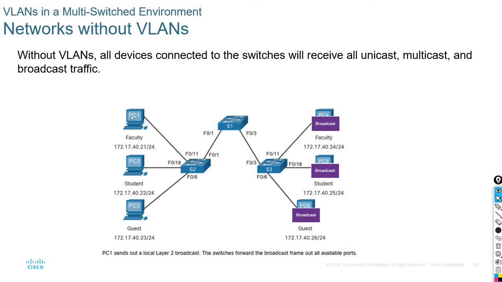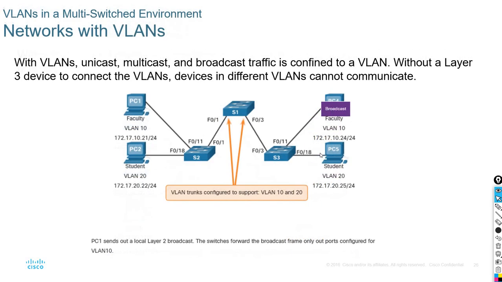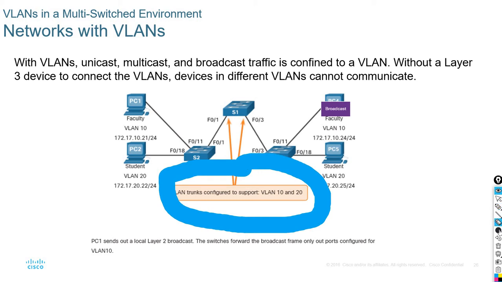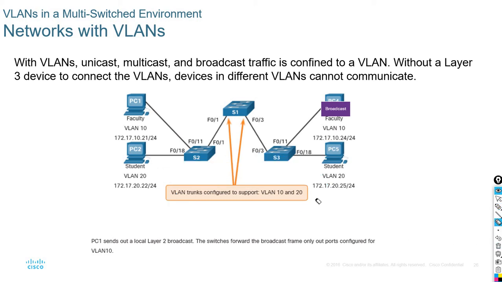So whatever packet you send from the faculty is broadcast to all the PCs: guest, student, as well as faculty. Now, networks with VLANs: VLAN trunks are configured to support VLAN 10 as well as VLAN 20. The packet is only forwarded to the faculty. The packet is forwarded from VLAN 10 through switch S1 to S3 and the faculty.